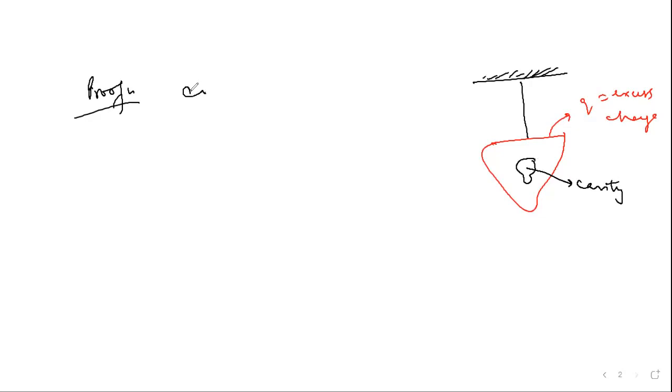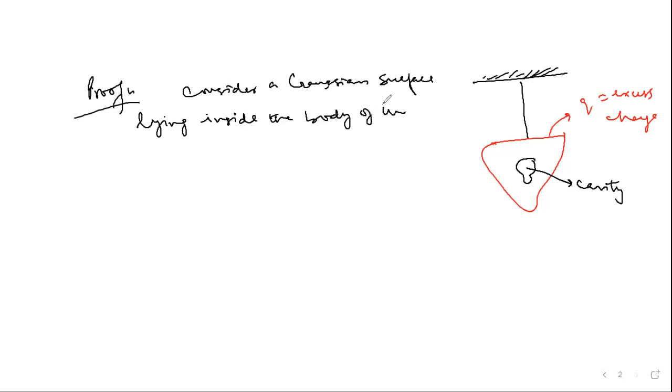So consider a Gaussian surface lying inside the body of the conductor and enclosing the cavity walls, right?